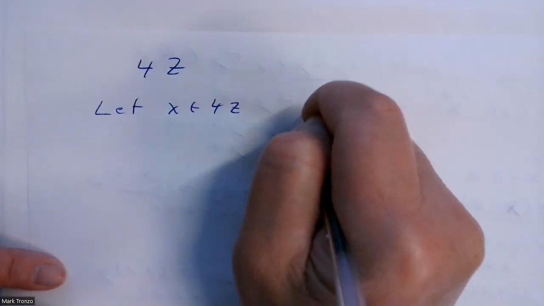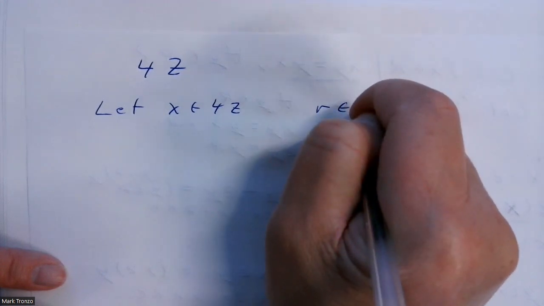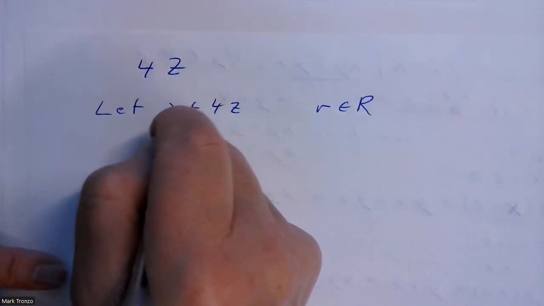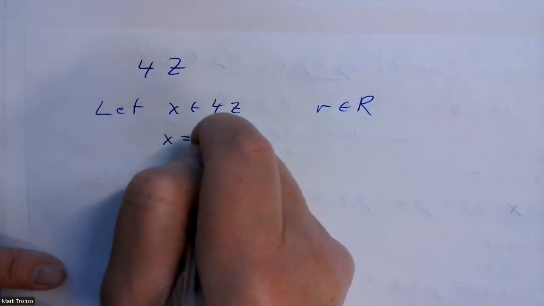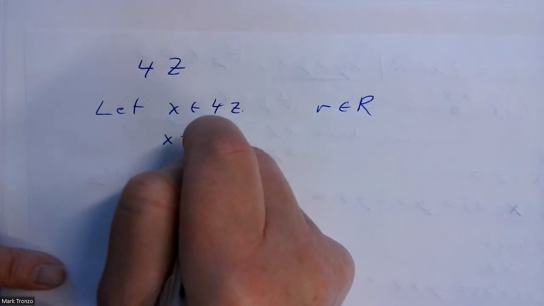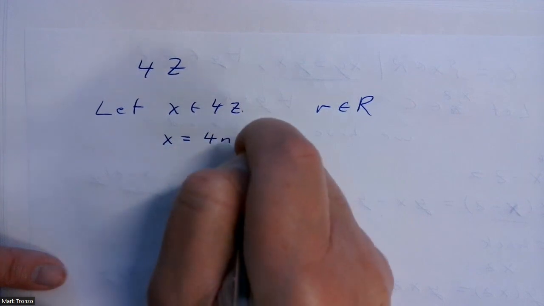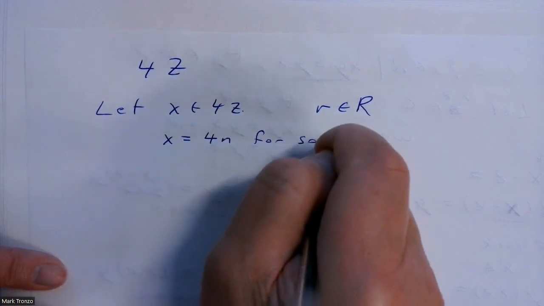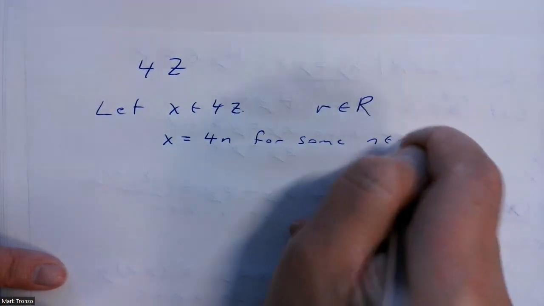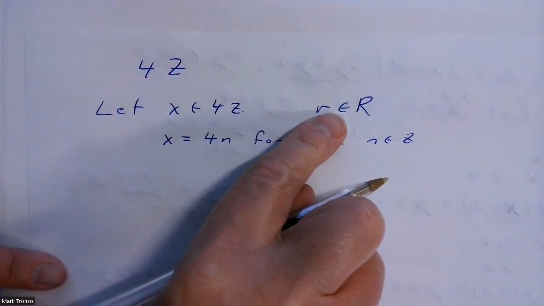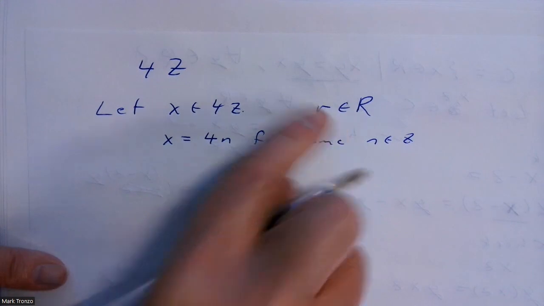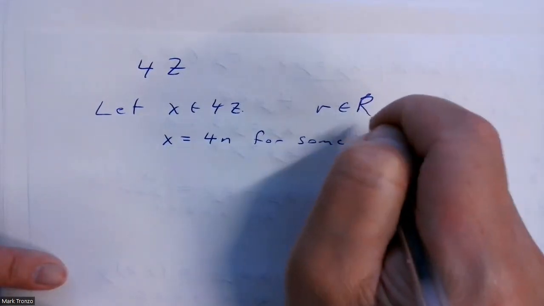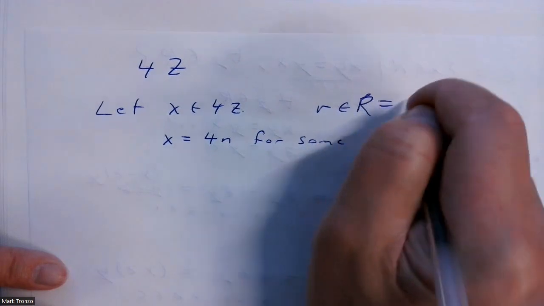So the case of 4Z, once again, if you let X be in 4Z, and R be in your original ring, then of course, what's X going to be? That's going to be some integer times 4, for some integer in Z. Excuse me, I'm sorry, the original ring was actually the integers.